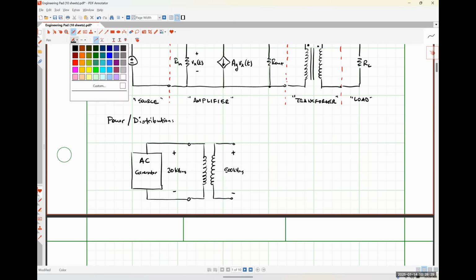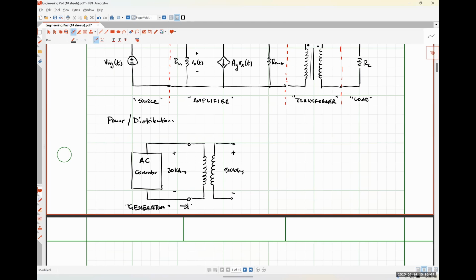So just for what it's worth, over here we have the generation side. And now we're in the transmission side of things. Running out of space there, but you'll get it.